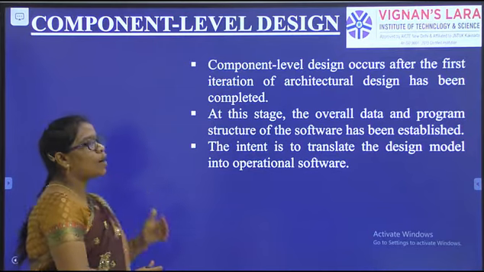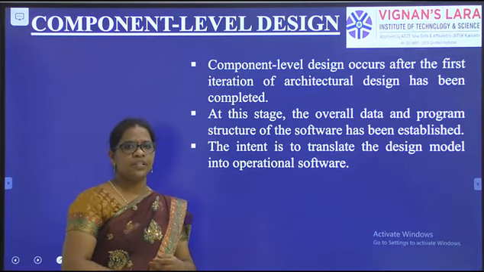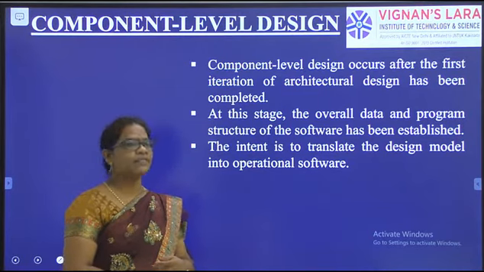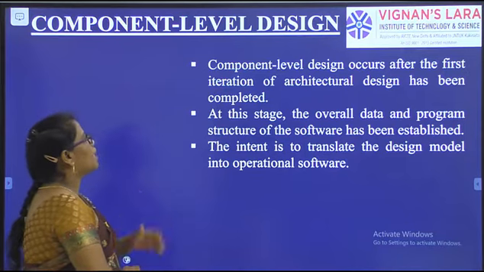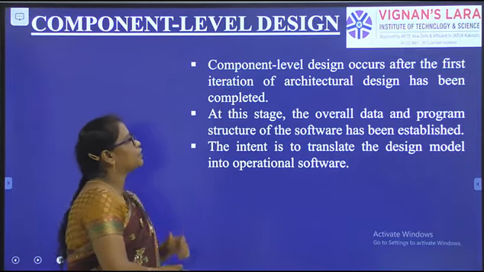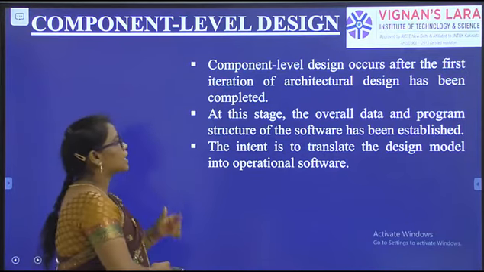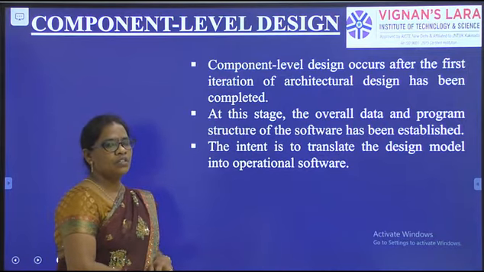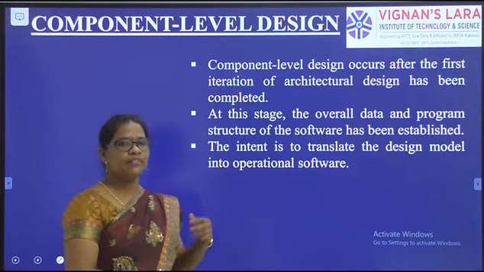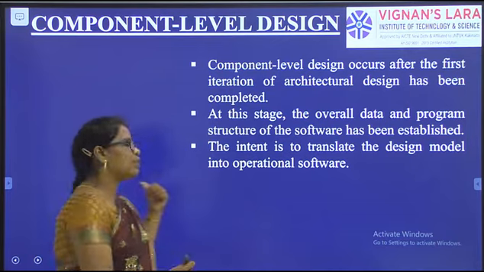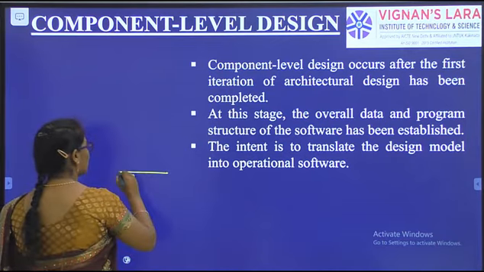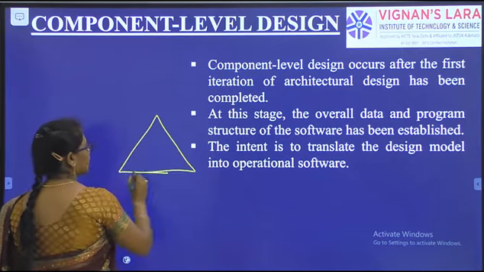And the next one is component level design. So what is component level design? Component level design occurs if the first iteration of the architecture design has been completed. After completion of the architecture design, we go for the component level. We have seen one diagram at the start of the unit, in a triangular shape.